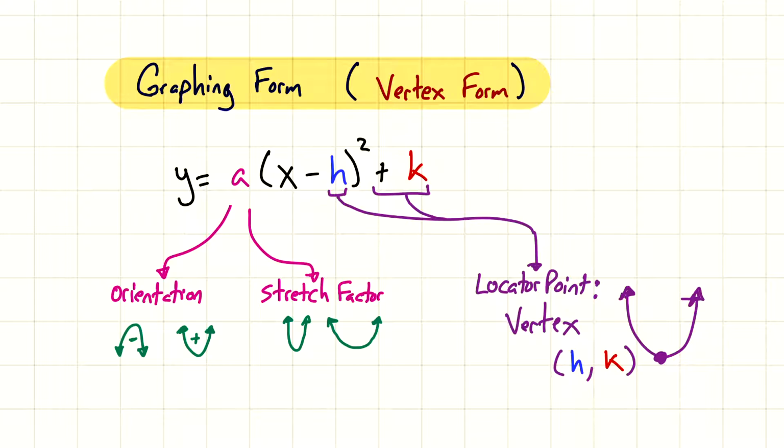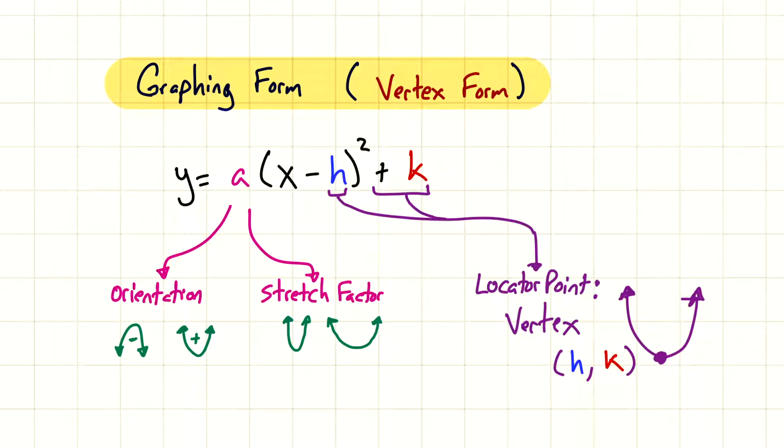So it's kind of like that idea. So I mentioned the A value. The A value is key to us because it tells us two pieces of information. The first thing we look for is: is this A value positive or is it negative? If there's no plus sign in front, then we assume it's positive. If there's a negative sign in front, then we know it's a negative orientation.